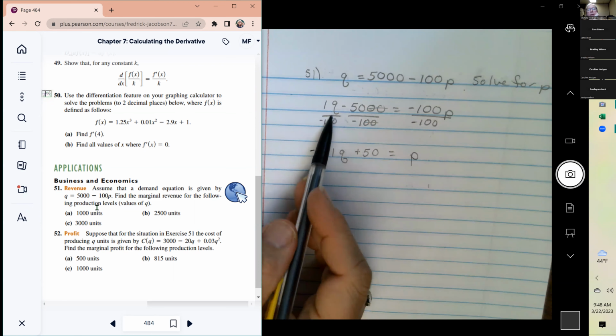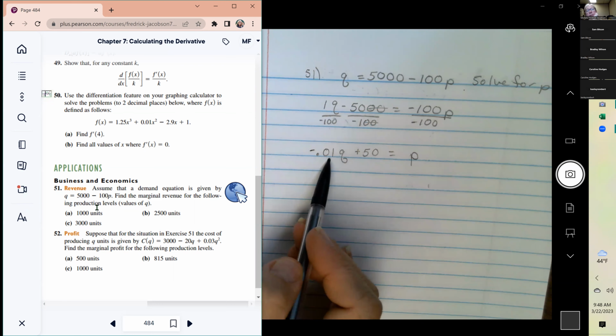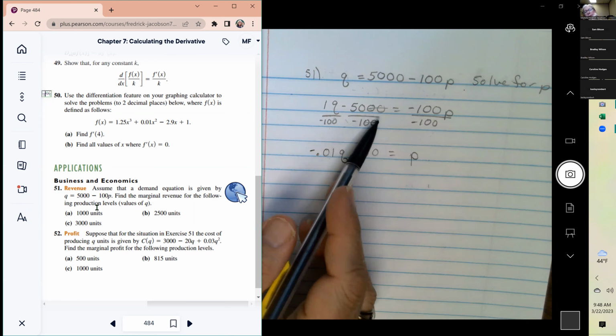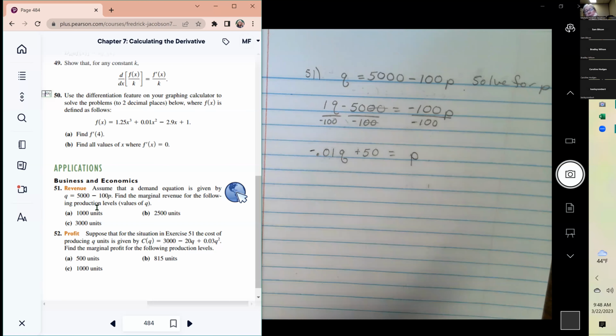So 1 divided by the negative 100 gives me this. And then 5,000 divided by 100 is 50. Negative and negative makes it a positive 50.